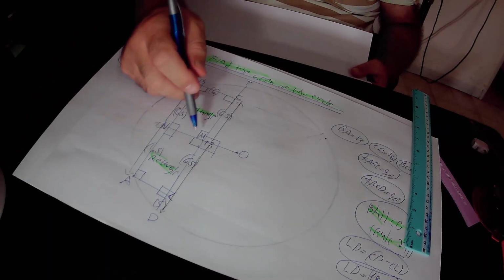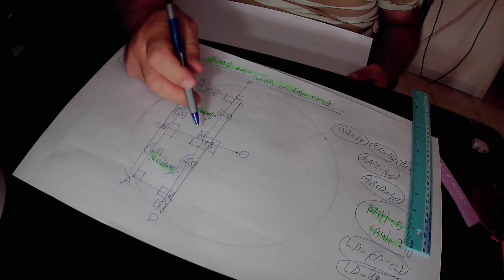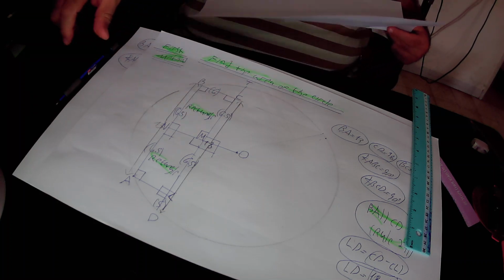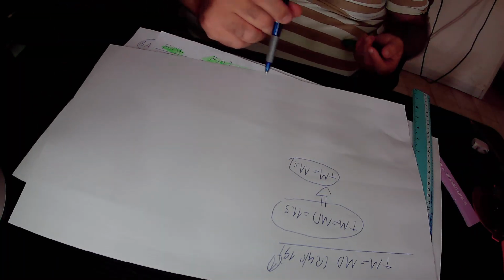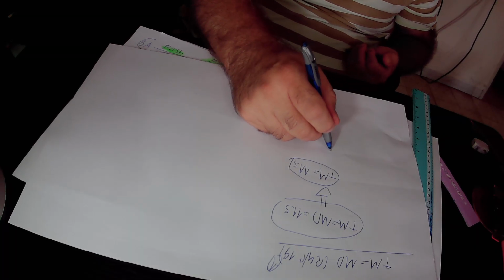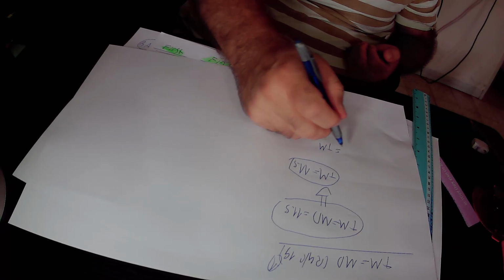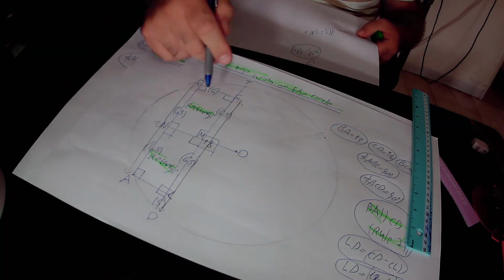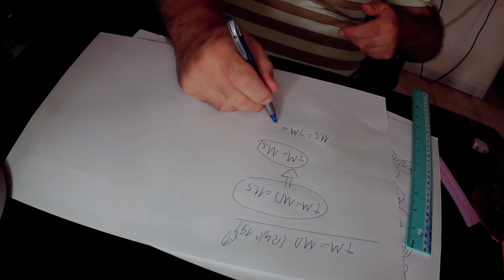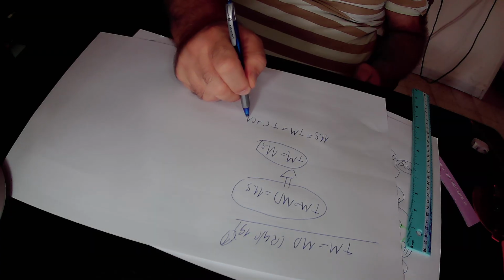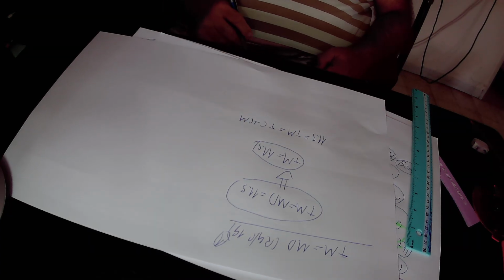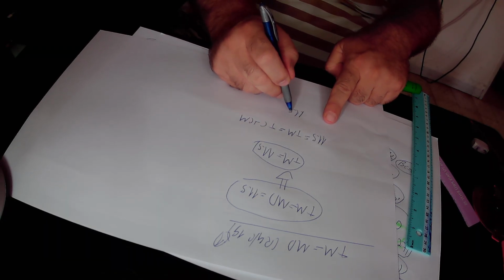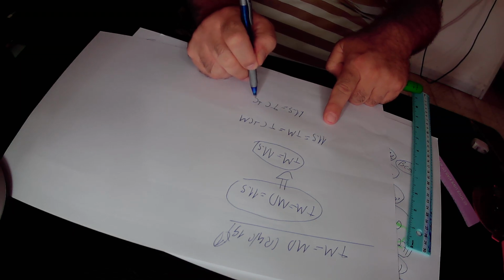But from the other side, TM equals TC plus CM. So TM from one side equals 11.5, but from the other side, TM equals TC plus CM. And from this equation, we derive that 11.5 equals TC plus CM.